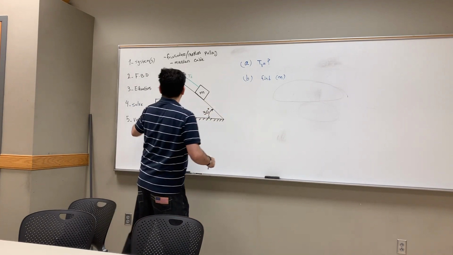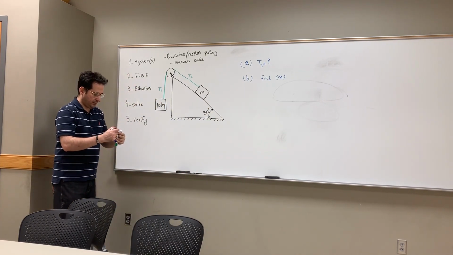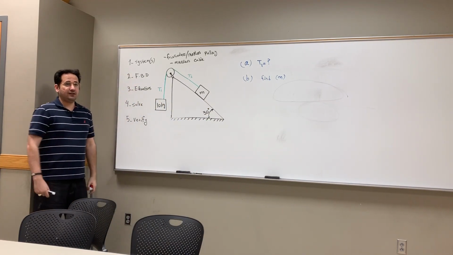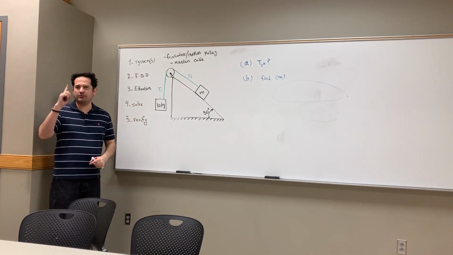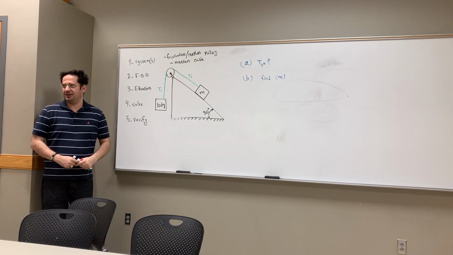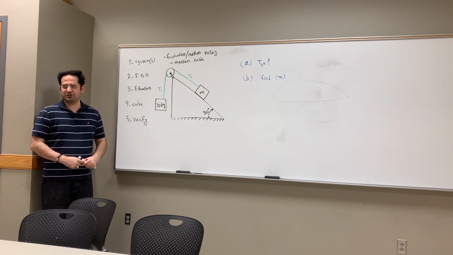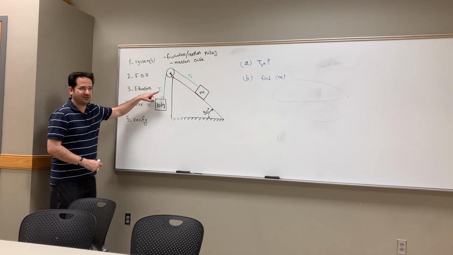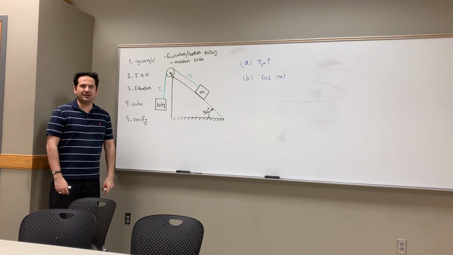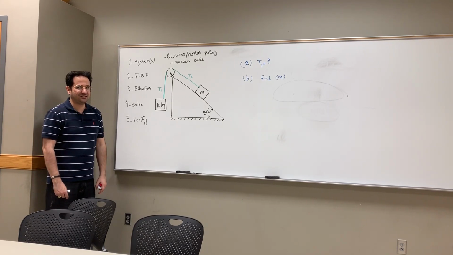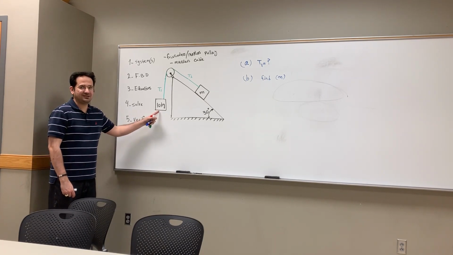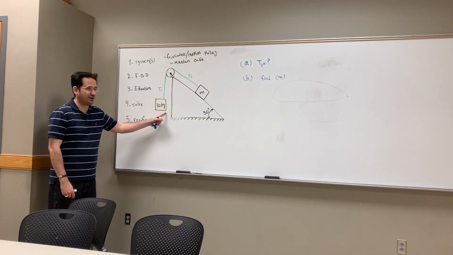So let's do step 1, system. If in the exam I give you 1 minute, 60 seconds, and the question is find the force in the cable, then what would be your system? Just one system, and that is the rope and the block, this part, right?